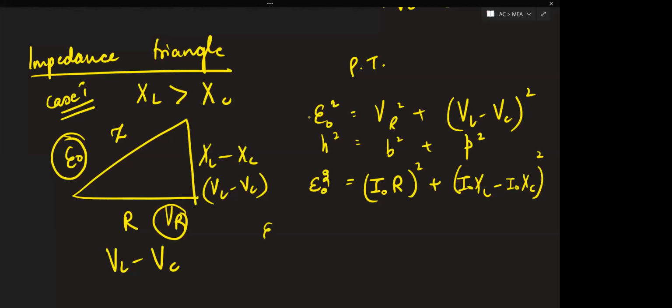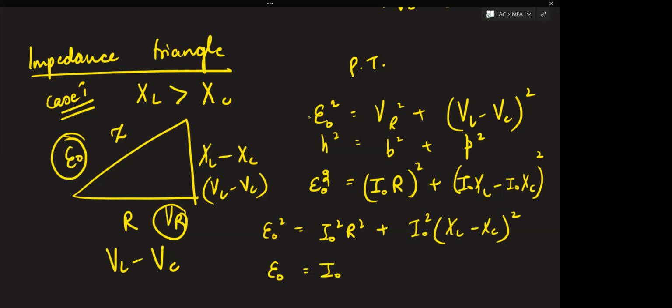Now E naught square will be equal to I naught square R square plus I naught square into XL minus XC whole square. Let's take I naught square common. So E naught square is equal to I naught square times R square plus XL minus XC whole square.